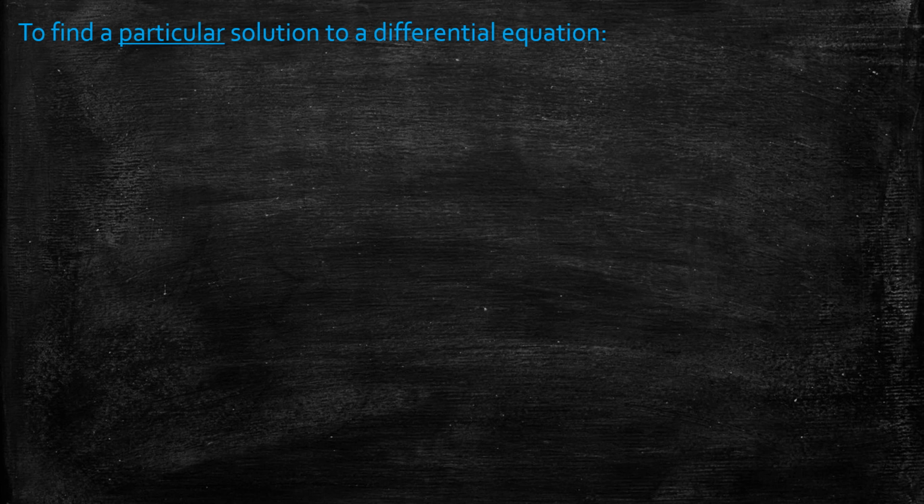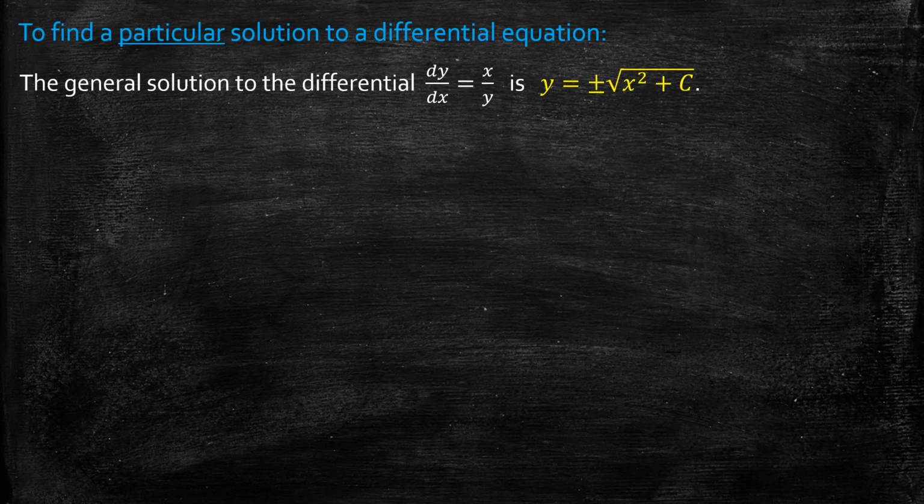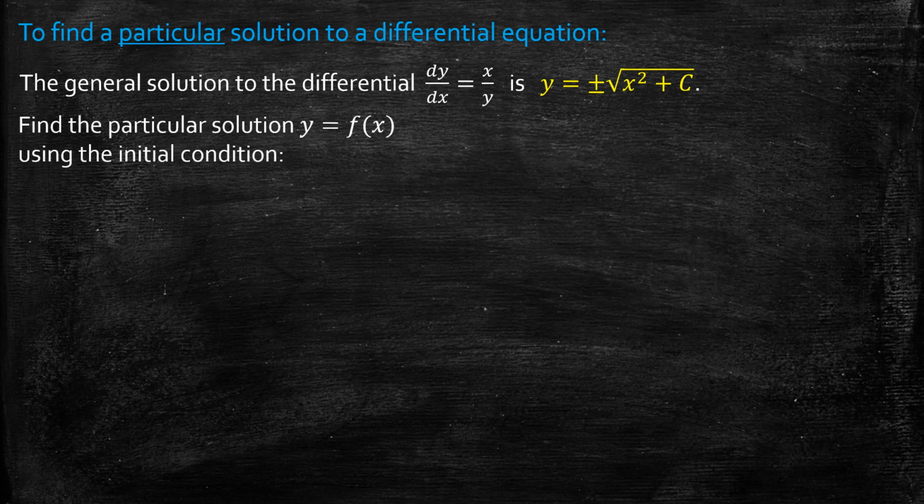So we're going to continue with the same example and practice finding particular solutions to differential equations. So the general solution to this differential equation has a c in it, a constant that's unknown. Particular solutions are going to allow us to actually find that value of c. It's almost like plugging a point into slope-intercept form to find the constant, which is the y-intercept, the same idea.